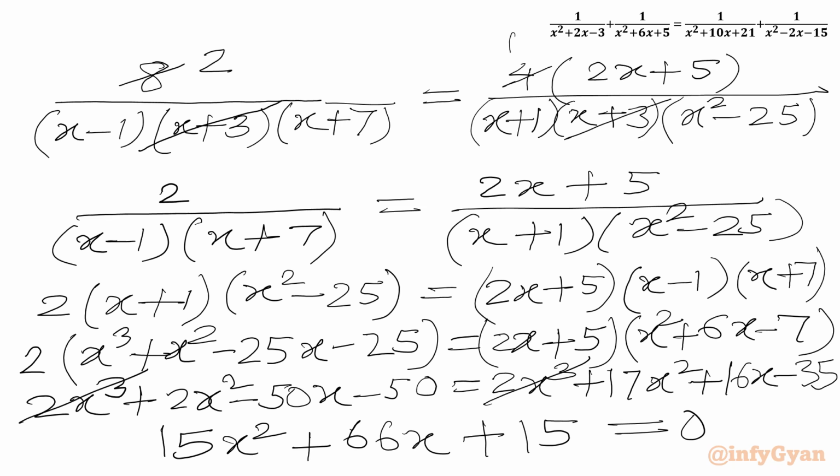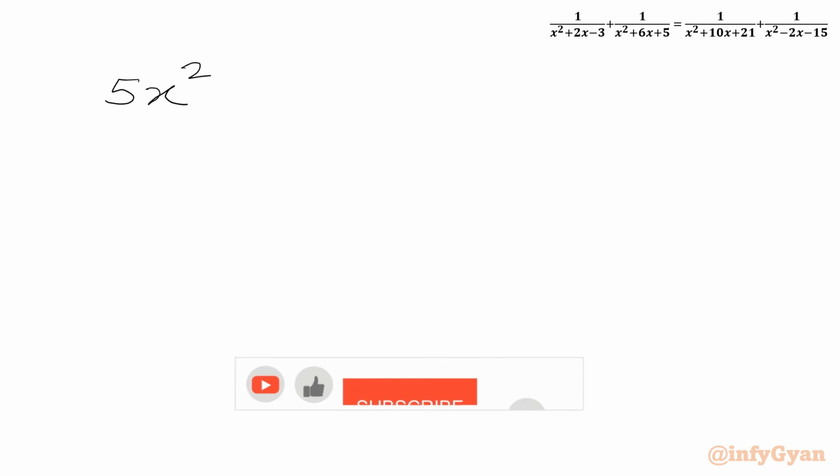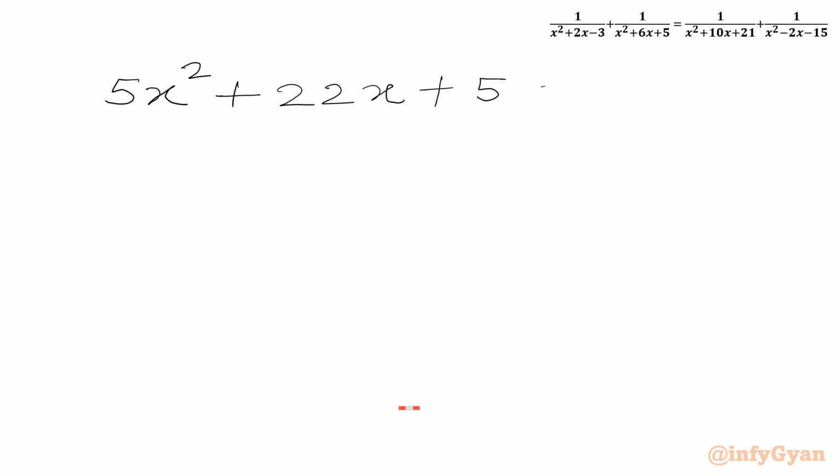Now the equation is divisible by 3. Let's divide both sides by 3. We will get 5x square plus 22x plus 5 equal to 0. Now this is one quadratic equation.